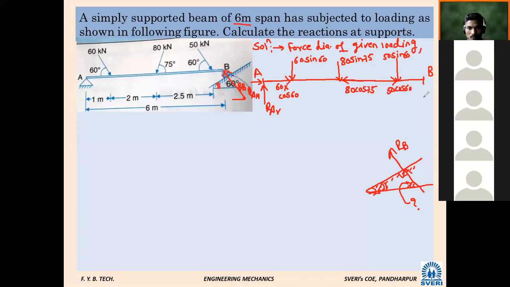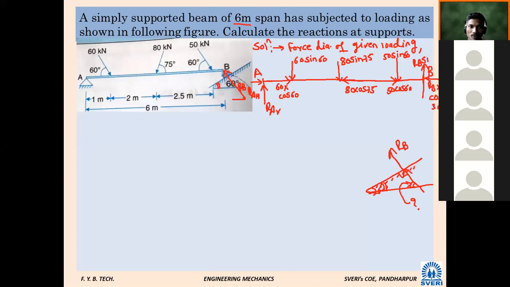Left, towards left. RB cos 30. Space is a little not available. So for the RB reaction, this is the x component. What about its y component? Here it is the y component. That will be RB sin 30.